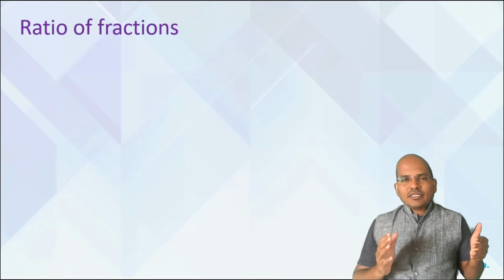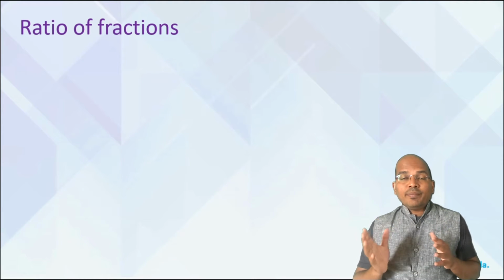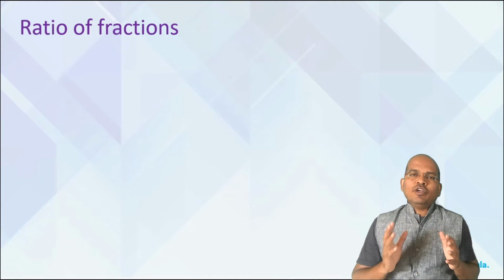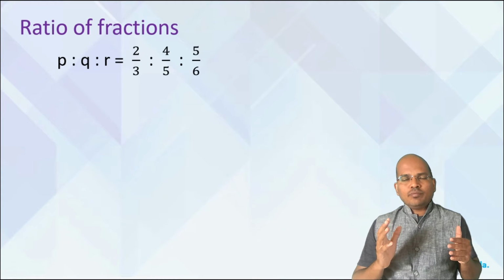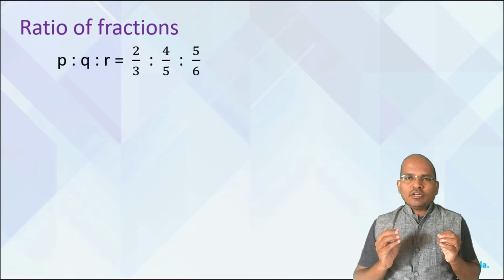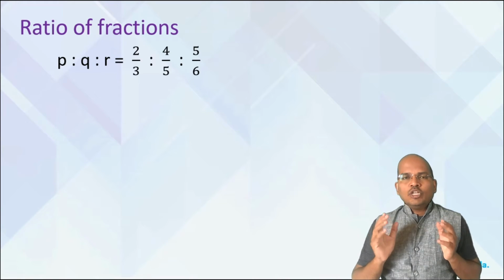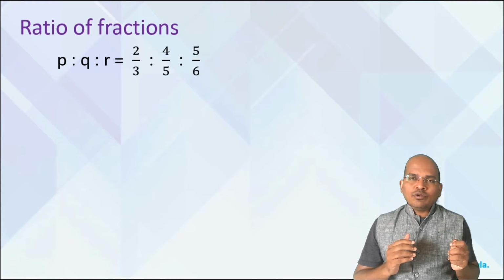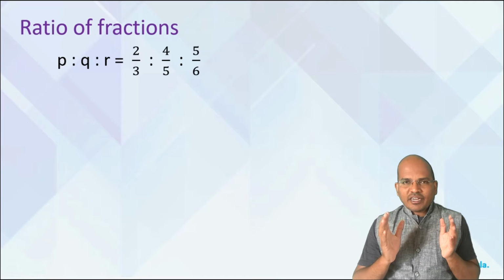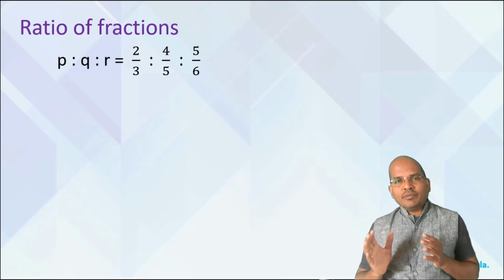So let us see what happens if we compare fractions. So we call it as ratio of fractions. For example, if P is to Q is to R is 2 by 3 is to 4 by 5 is to 5 by 6. Now you have three fractions, 2 upon 3, 4 upon 5, 5 upon 6. So whenever you are told to compare fractions, then you need to convert this fraction ratio into a natural number ratio.